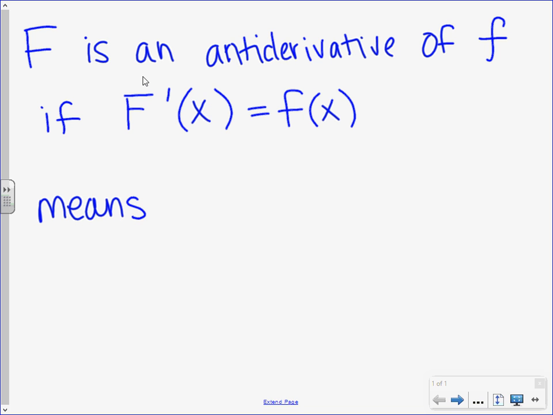Okay, now I need to introduce you to some notation. So first, let's just wrap our head around the idea that the antiderivative of a function is a function that we would have to derive to get the function. So taking the derivative of an antiderivative gets us to square one.